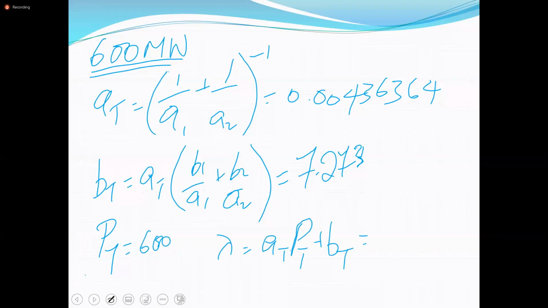All right. So you get lambda would be equal to $9.89. Of course, dollars per megawatt hour.